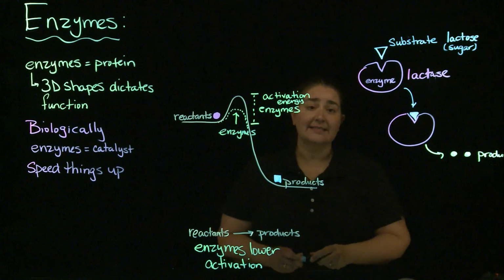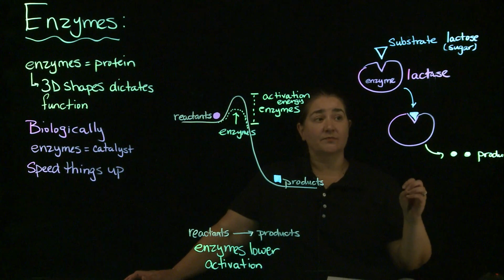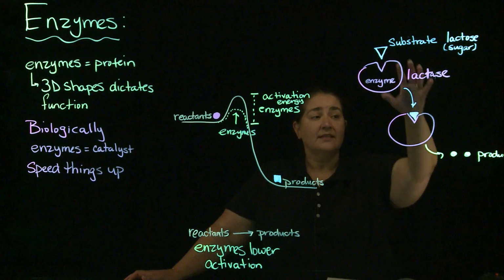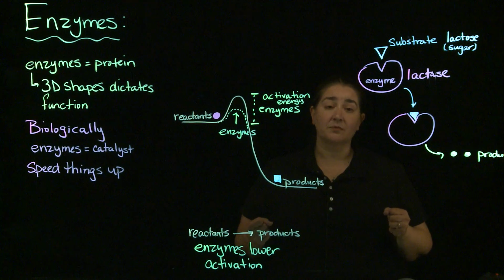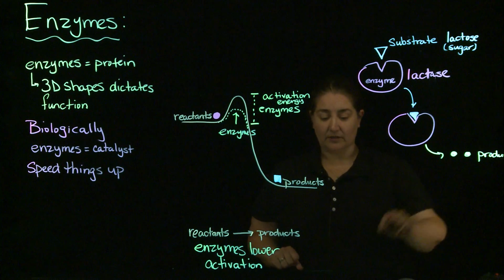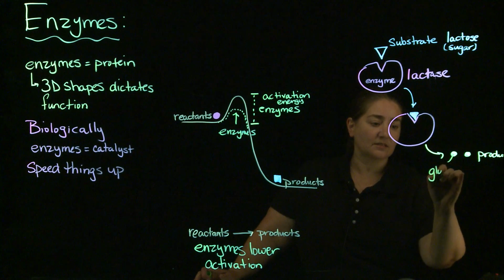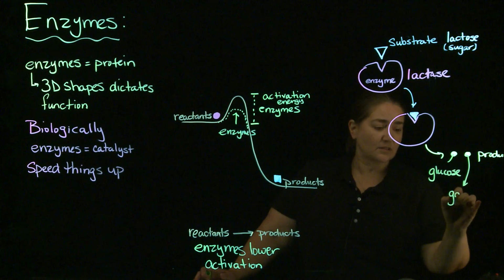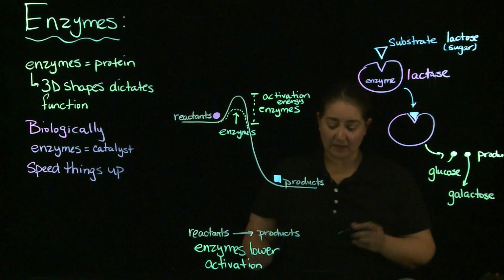Remember that lactose is a disaccharide. It's composed of a glucose and a galactose. All right? That lactose interacts with lactase. Lactase then is going to cleave the chemical bond between the glucose and the galactose. That gives us our product, okay? And in the case of lactose, our products would be our monosaccharides, our glucose, and our galactose, all right?